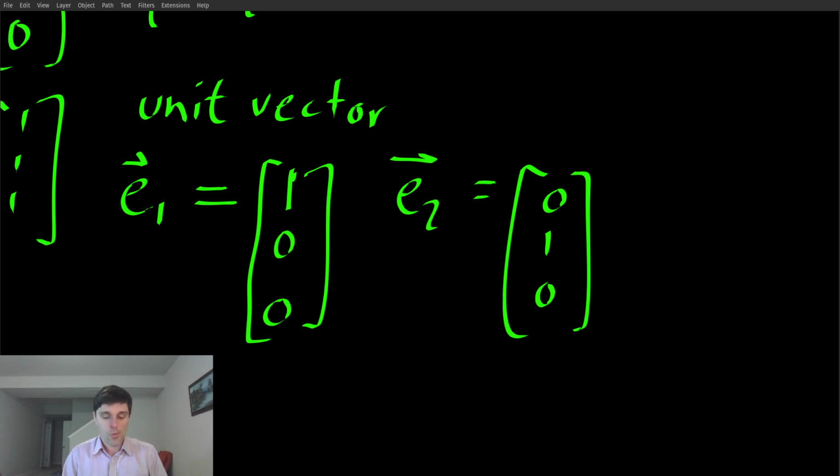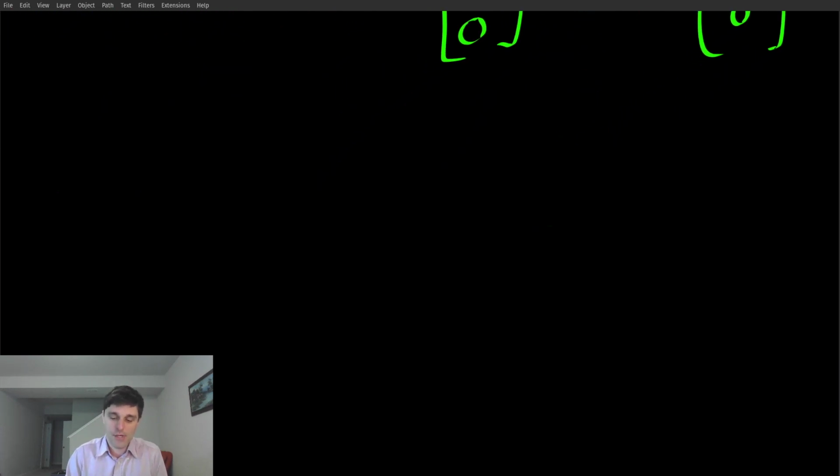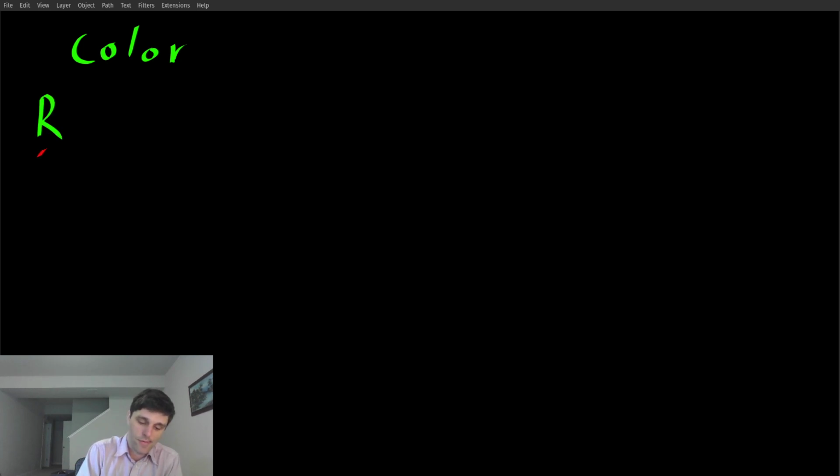Okay, so examples. The book has a big section of examples, many of which it returns to over the course of the book. So it's good to just thumb through those. I'm just going to mention a couple that I like to keep in my head. One thing you could easily imagine is to have a color, so maybe you have red, green, and blue values in a 3 vector.